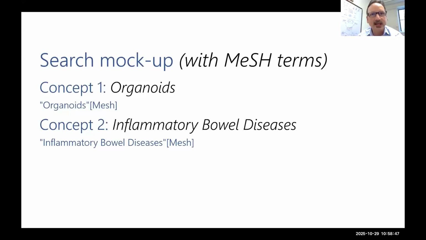Emtree is the companion database to Embase. And so Emtree, just like MeSH, is searchable, and you would search it to determine what terms are used in Embase to describe papers related to your topic. Sometimes these terms are exactly the same across MeSH and Emtree, but sometimes there are important differences, and sometimes the hierarchical structures are quite different.